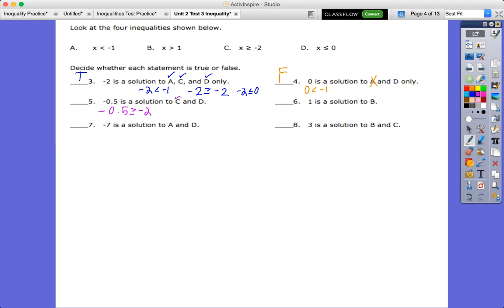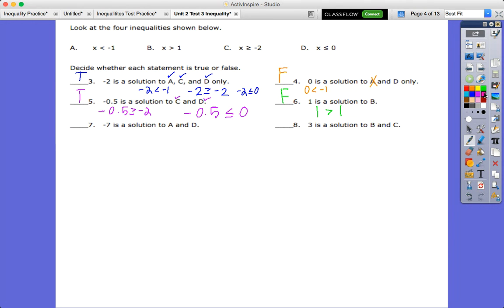All right, let's look at D. Negative 0.5 is less than or equal to 0. That is true also, so number 5 is true. Let's look at 6. 1 is a solution to B. B says is 1 greater than 1. 1 is not greater than 1.